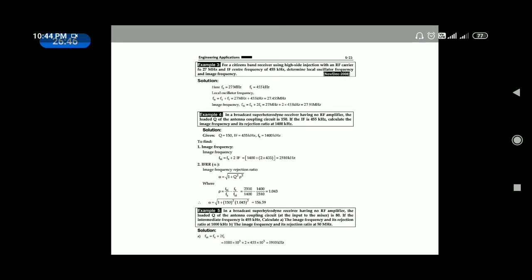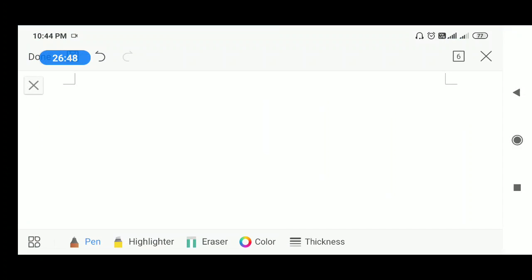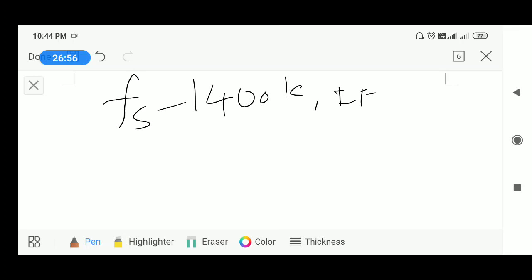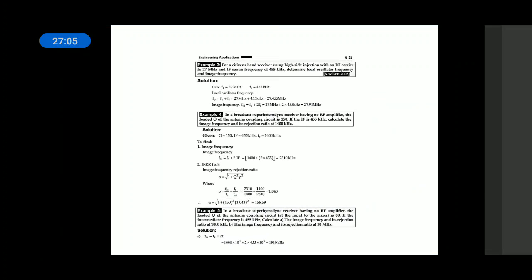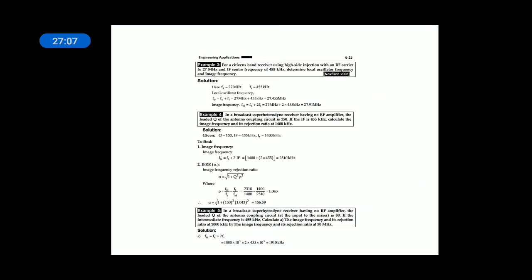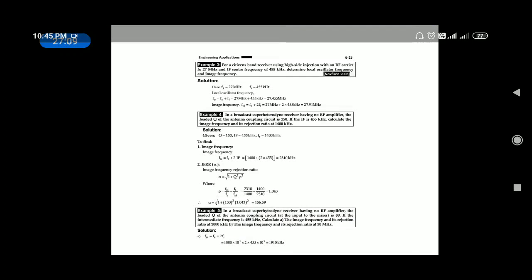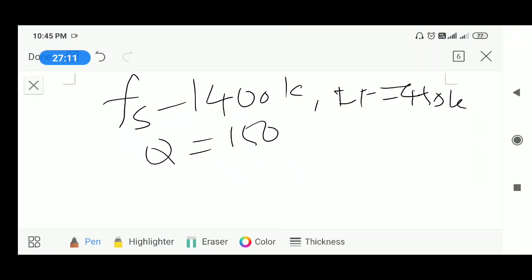Fs is equal to 1400 kilohertz. IF they provided is 455 kilohertz. Q they provided is 150, and we need to calculate the image frequency and its rejection ratio. FSI is equal to Fs plus 2IF.